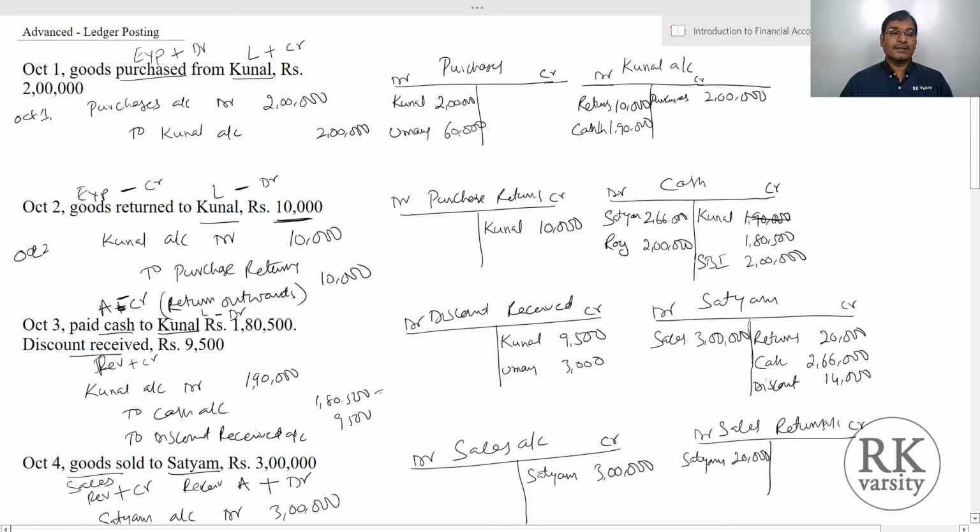So this is the core idea of explaining ledger postings in two different lectures. In one lecture it is basic ledger postings, and in this lecture it is advanced ledger postings.